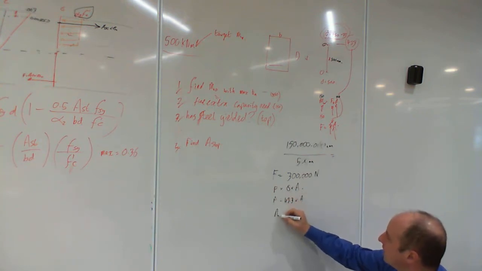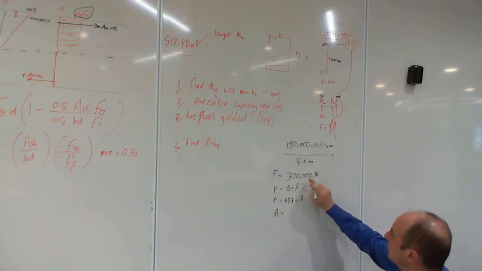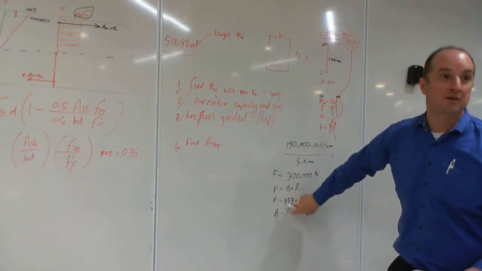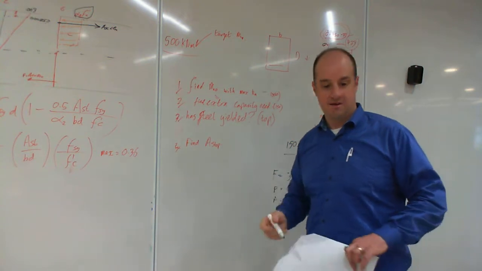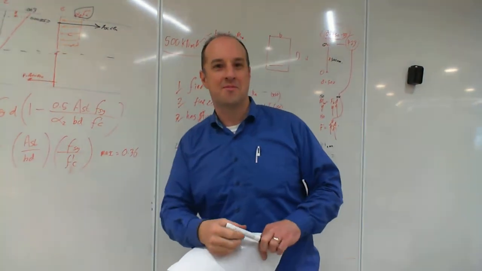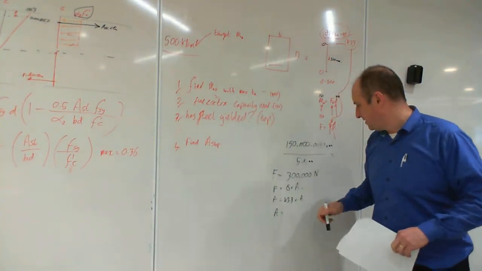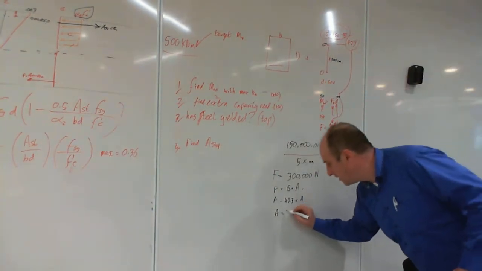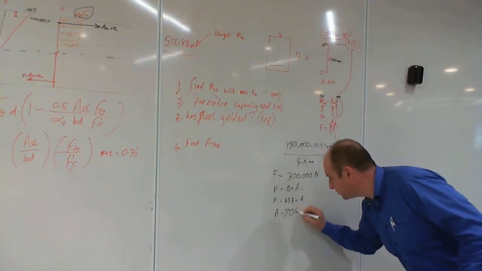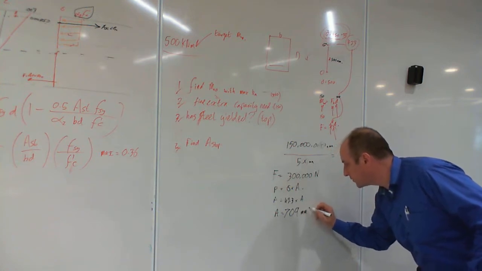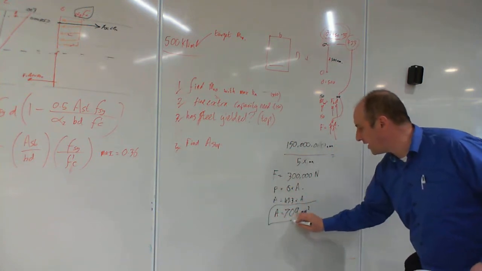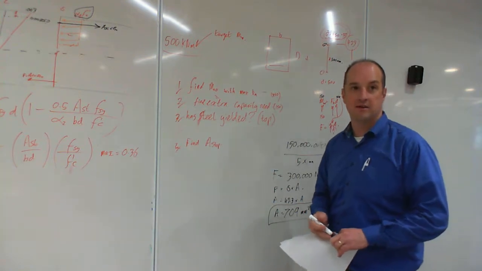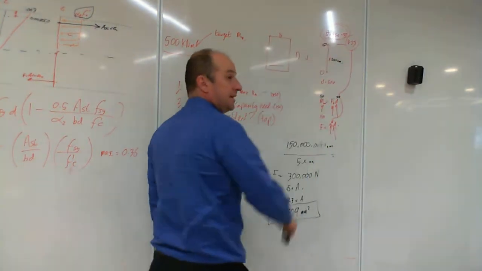And our area equals, what's 300,000 divided by 423 now? 709.22. 709 square millimeters. That is the area of steel I need up there.